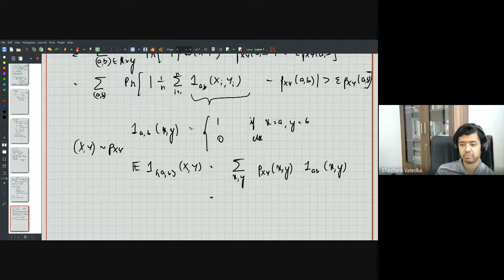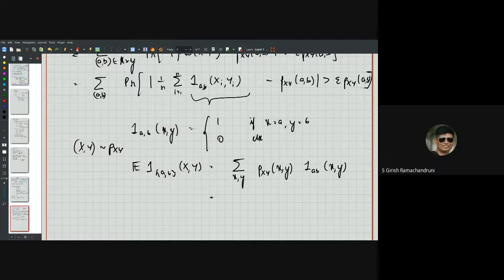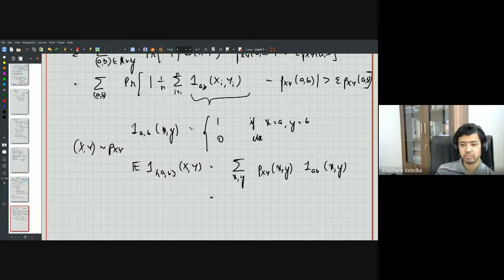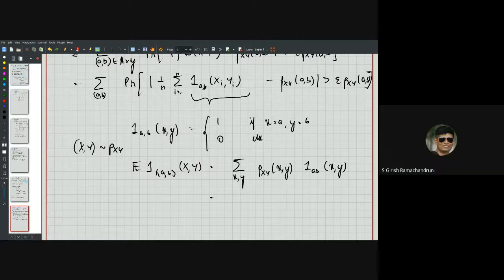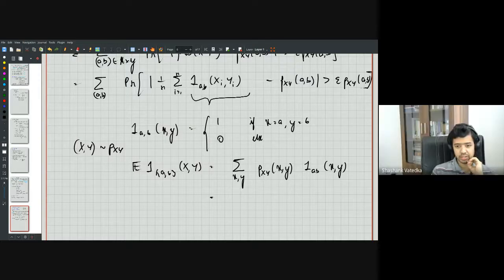How did you get 1/4? Only one possibility out of the 4 combinations we can have. But where did you get 4 combinations from? It's over a general alphabet, right?